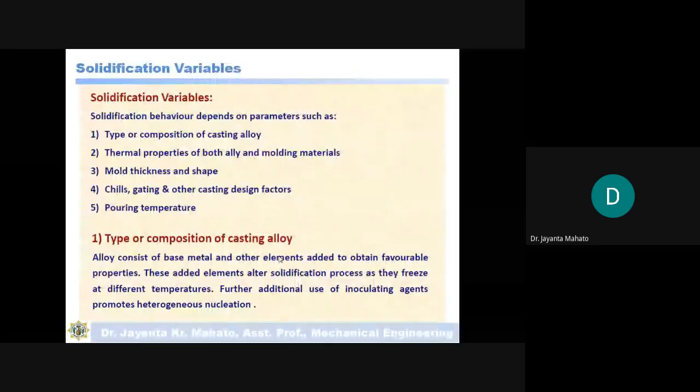The fourth parameter is chill, gating, and casting design factor.